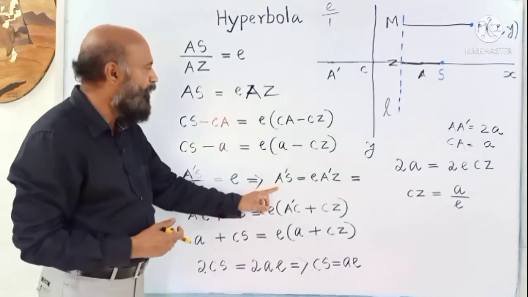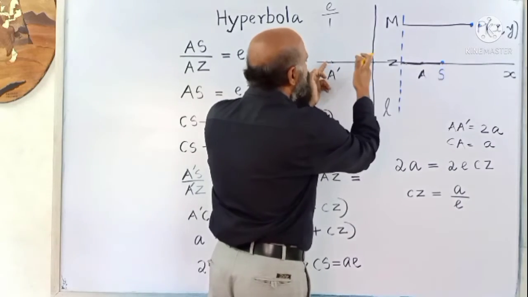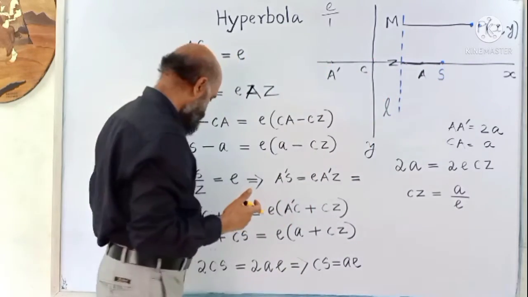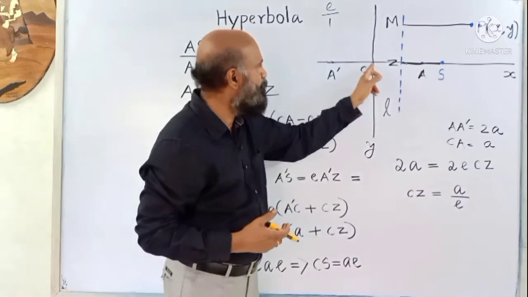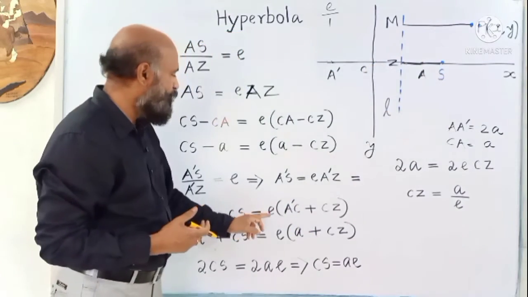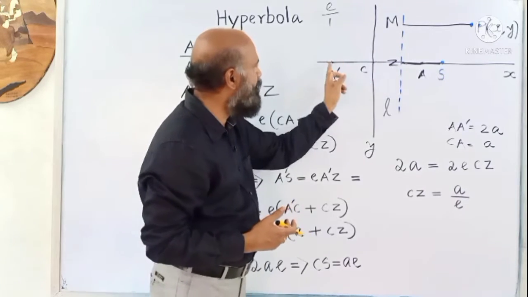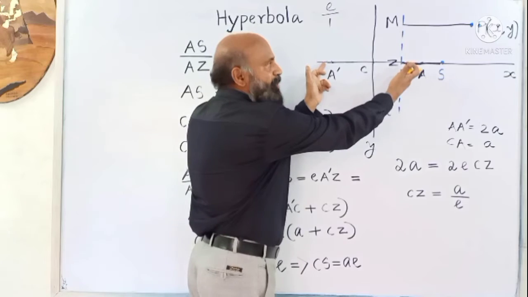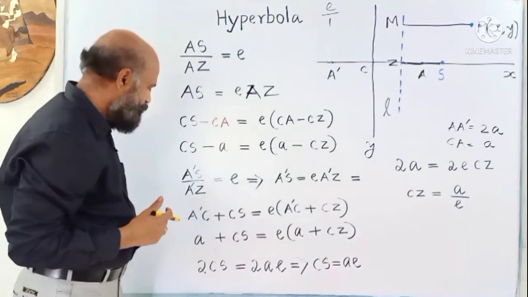Now for A dash S, we can write A dash C plus CS, which is equal to e A dash Z. A dash Z can be written as A dash C plus CZ.